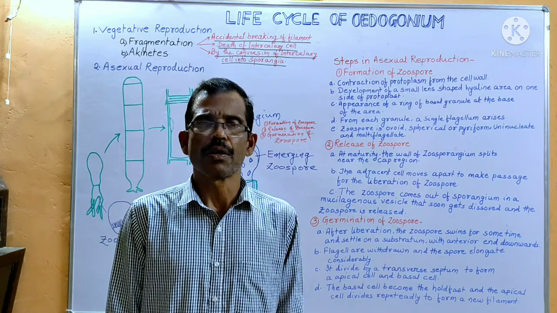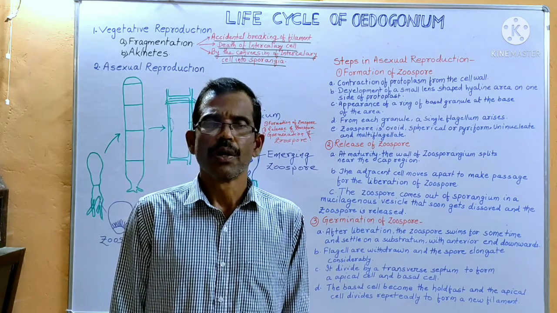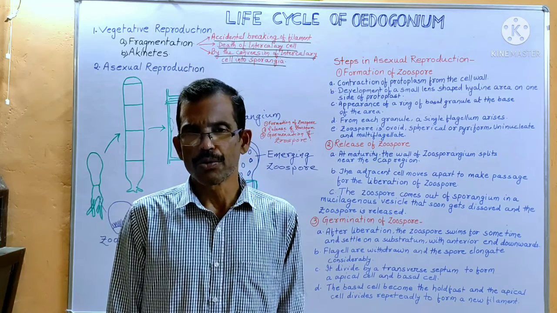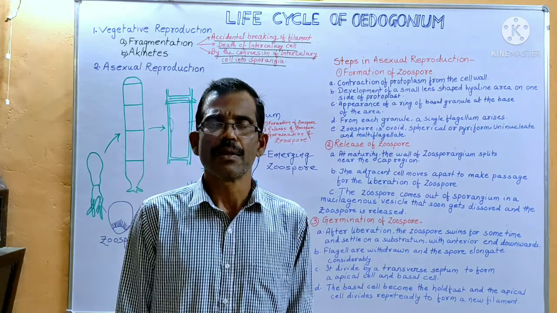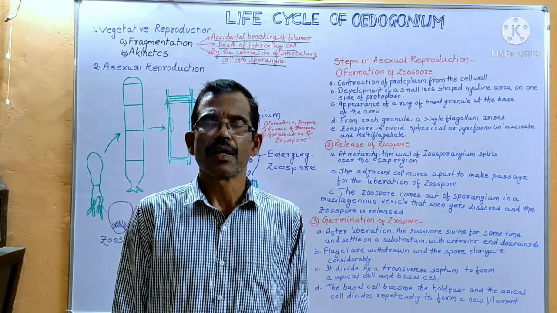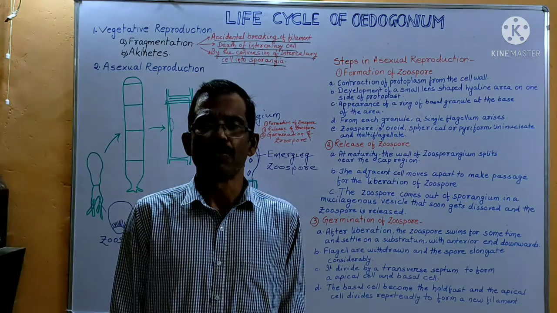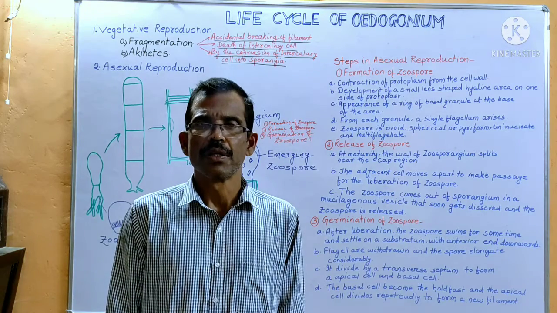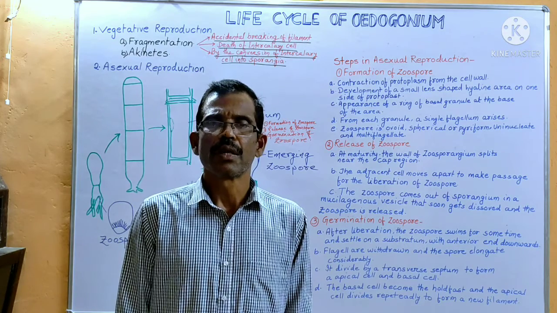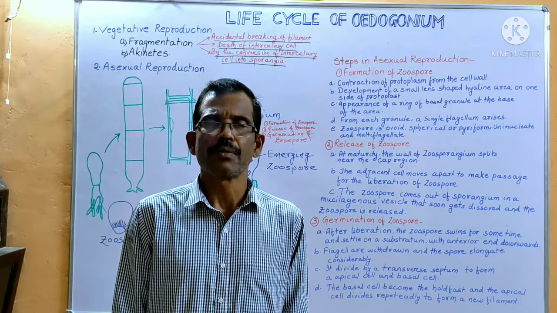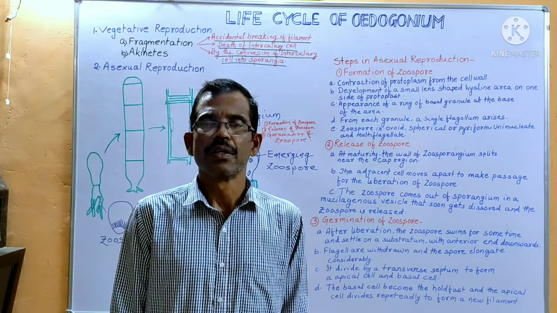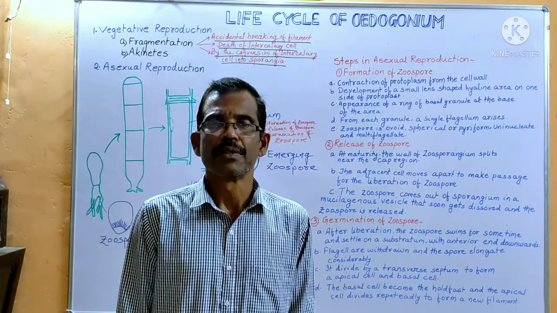Fragmentation occurs due to accidental breaking of the filament, due to the death of an intercalary cell, and also due to conversion of an intercalary cell into a sporangium. By this process, the filament of Oedogonium is broken down into several fragments, and each fragment has the potential to grow and divide so that it can form a new filament.